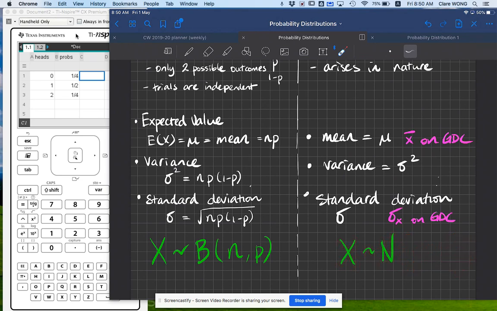So I'm going to write it, sigma square. What you need to be aware of is sometimes questions give you standard deviation, but when you write this, you need to write the standard deviation squared. Sometimes they give you the variance. And when you do the calculation, you need to remember to square root it to get the standard deviation.